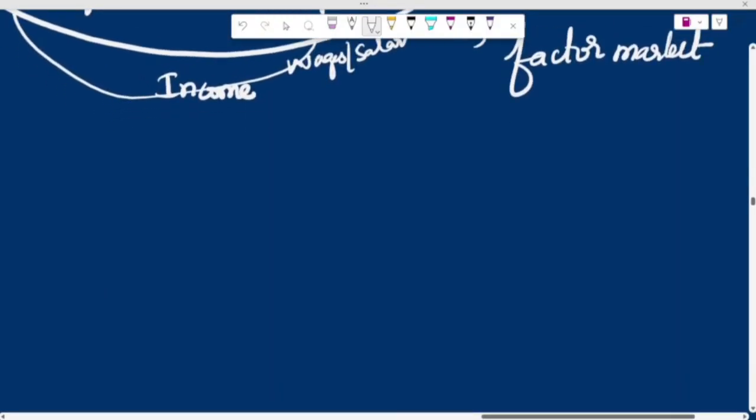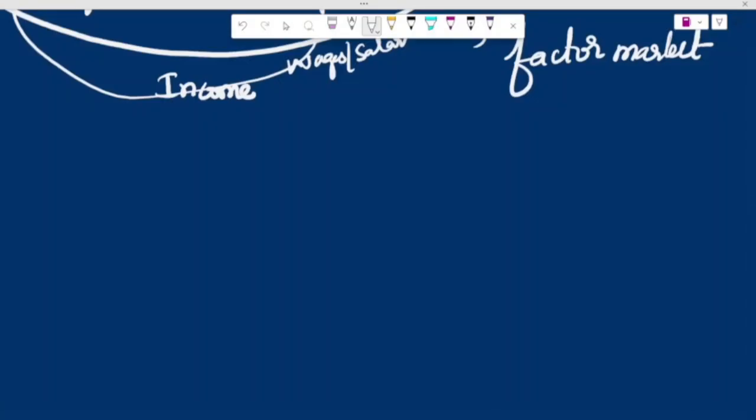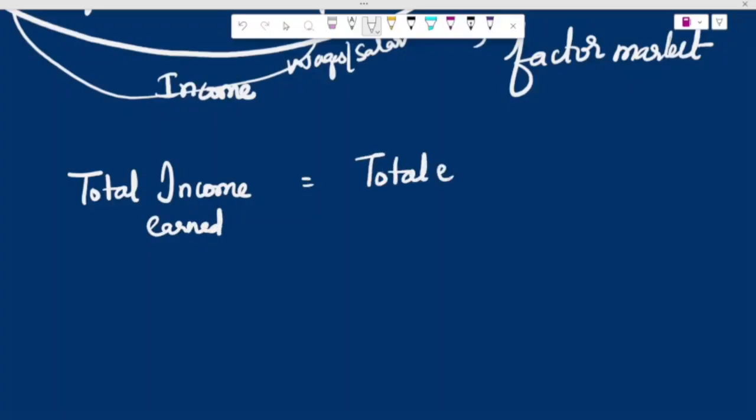So here, total income earned will be equal to total expenditure. Whatever you are earning, you are putting as an expenditure to buy goods and services. It will be equal to the total value of goods and services produced.